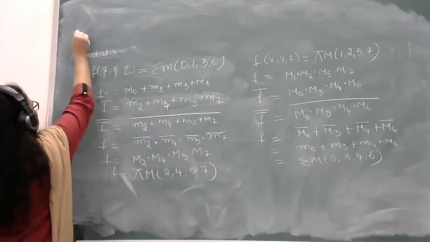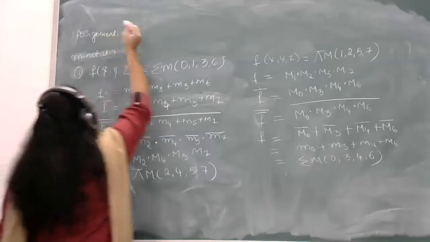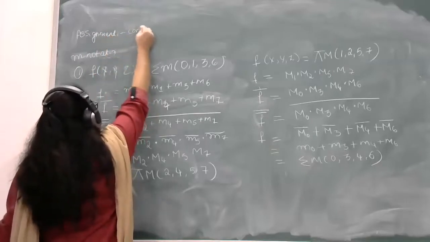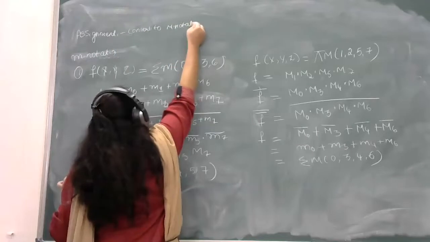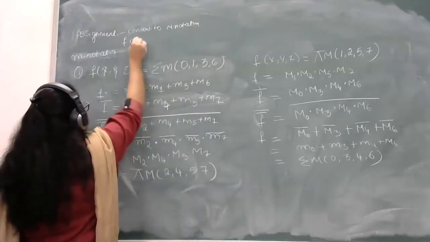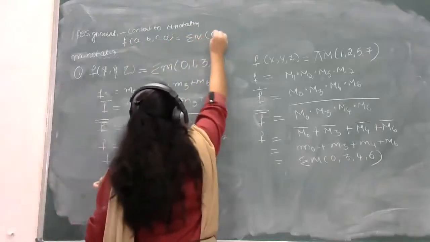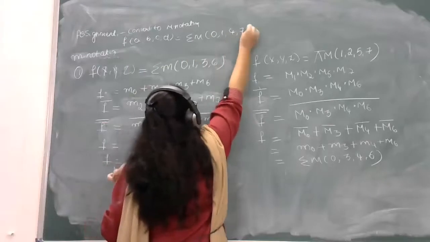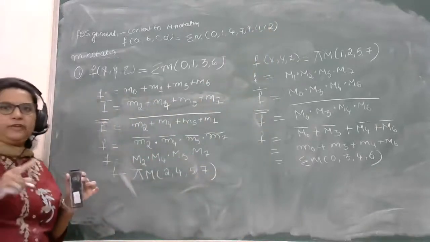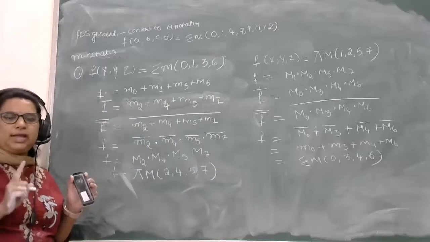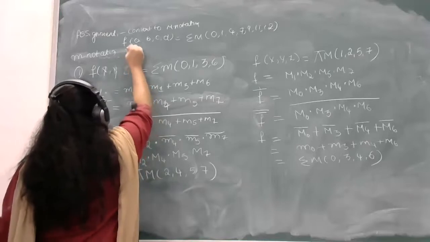Okay, let's take an assignment. Convert the expression, which is a 4-variable expression, pi M 0, 4, 7, 9, 11, 12, similarly to small m notation.